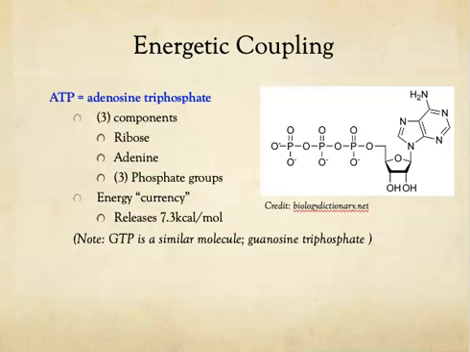Remember, GTP is considered to be the more ancient energy currency molecule. In other words, GTP most likely evolved first as an energetic coupling molecule. ATP evolved later. You still see some reactions in cells that use GTP, but you also see a lot of reactions using ATP.